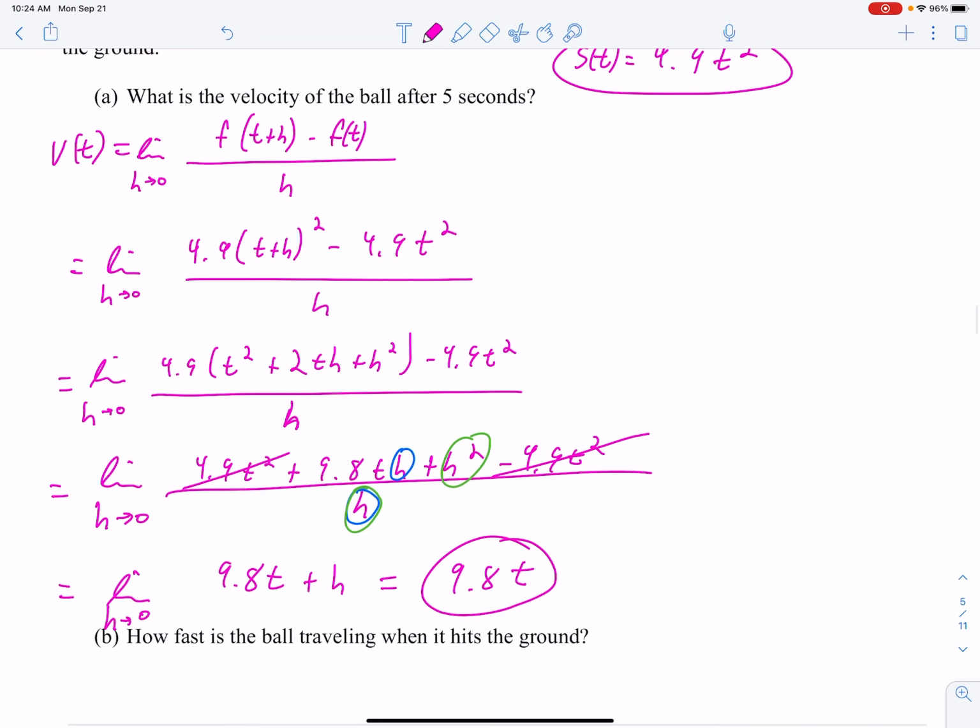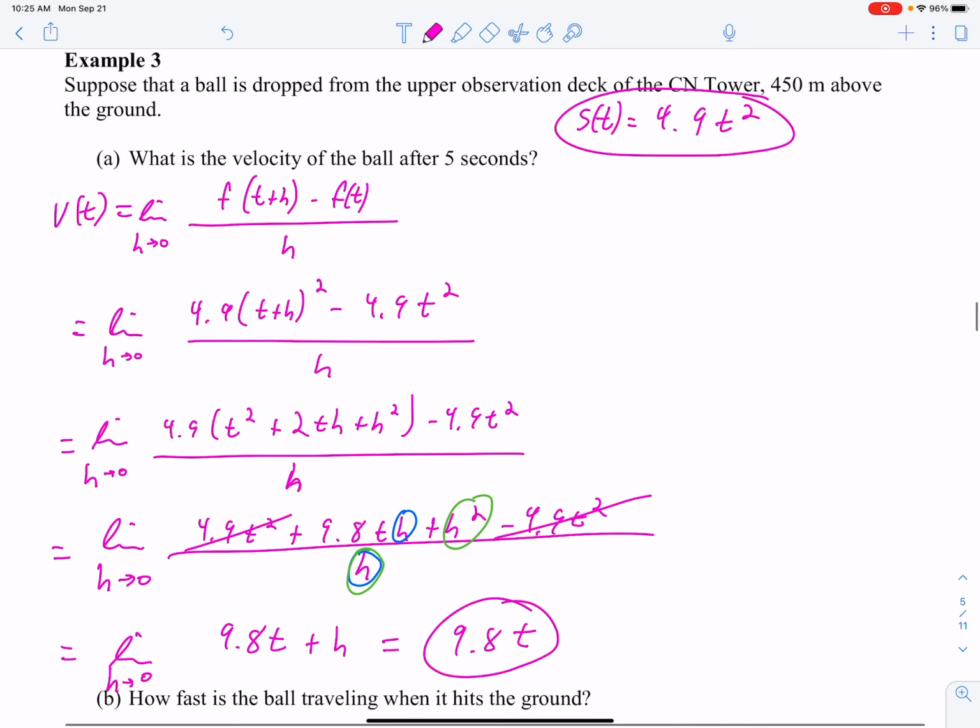Now you're thinking, wait a minute, we have a variable in this derivative, this velocity. Well, yes, because we didn't plug any numbers in up here. This is actually more convenient, because now we have the velocity, in other words the derivative, at any time. We can plug in any time we want and get the velocity of that ball as it is falling from that tower 450 meters above the ground.